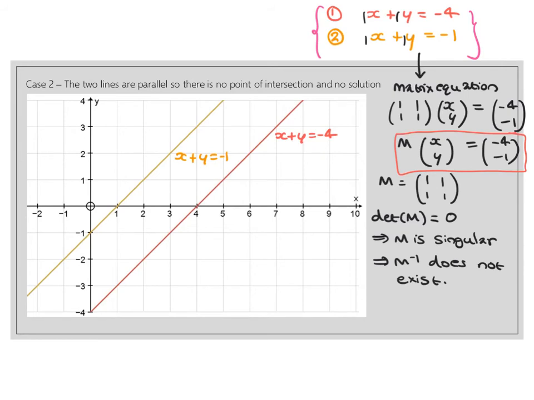There's no determinant, there's no inverse matrix, and a special case of this relates back to the pair of simultaneous equations being represented by parallel straight lines, so there is no point of intersection. So this second case is a very specific example of what can happen when the determinant of the matrix is equal to 0. You can have no solutions.